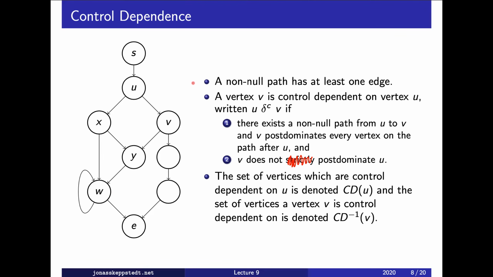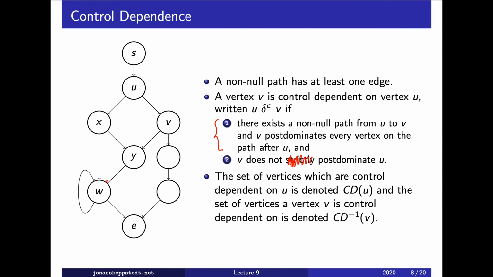Let's be concrete first. If we look at this, there is a non-null path from U to W, and W postdominates every vertex on that path after U. That means X and W.